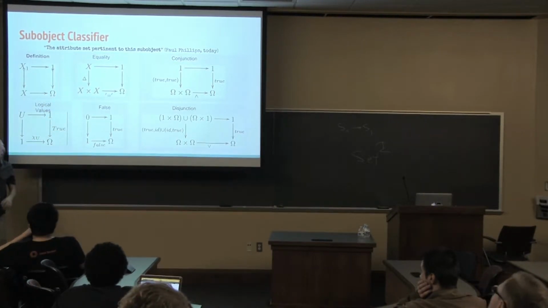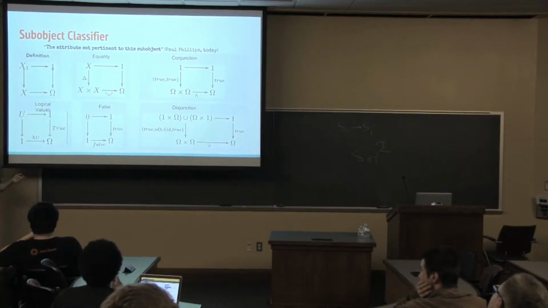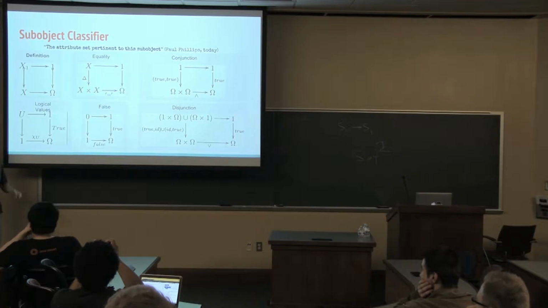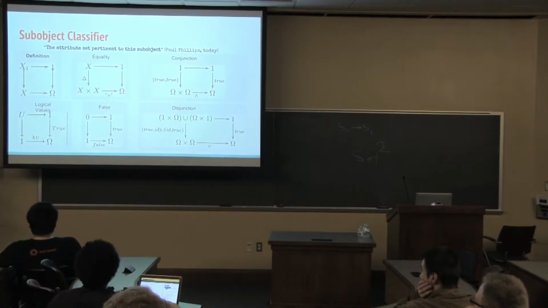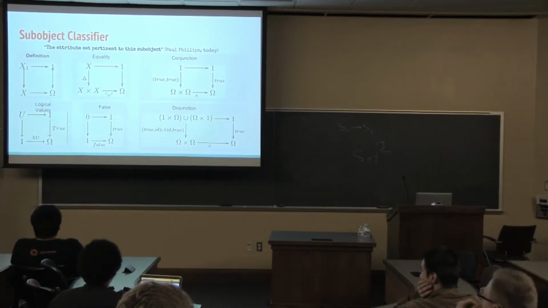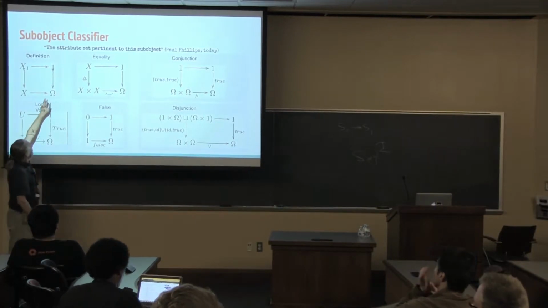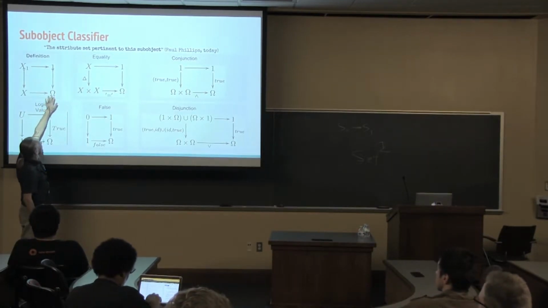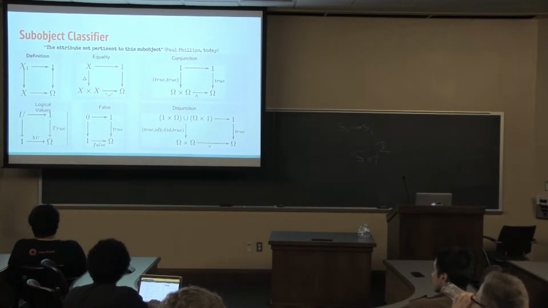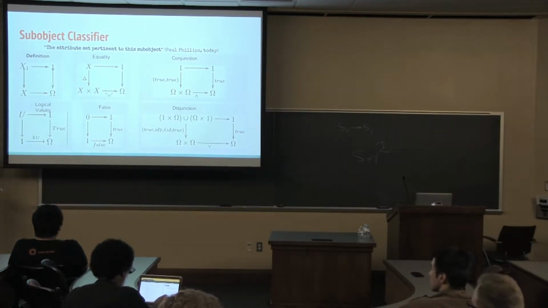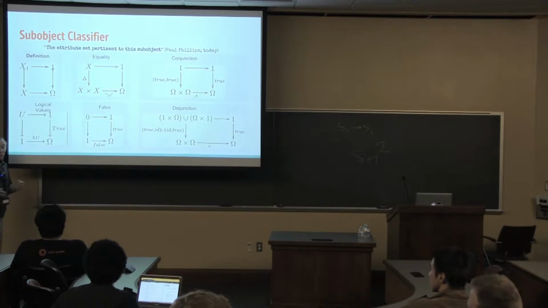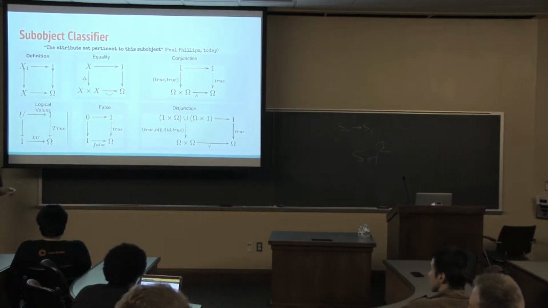In good categories, a mapping from a unit, a point, is always a monomorphism. You can check it by the definition of terminal object. So this arrow from 1 to omega is called true. It's a point, right? Any arrow from a terminal object to another object is the definition of a point.